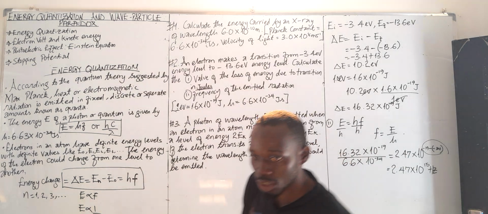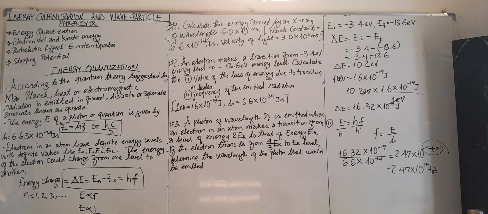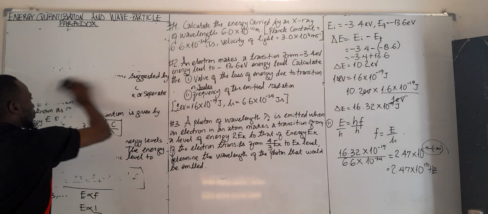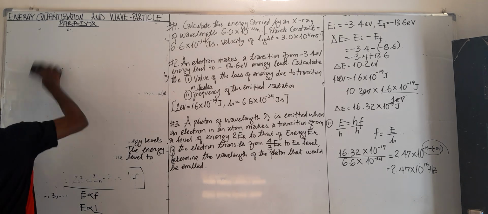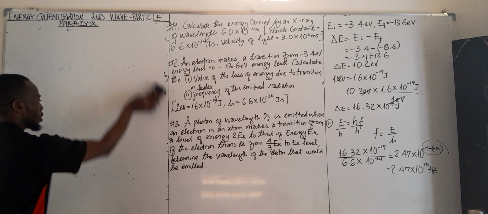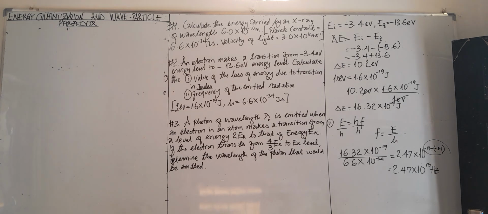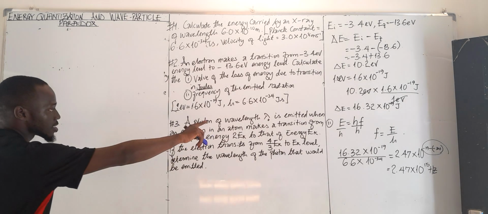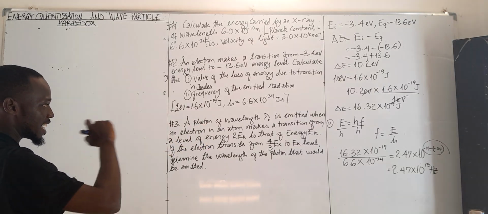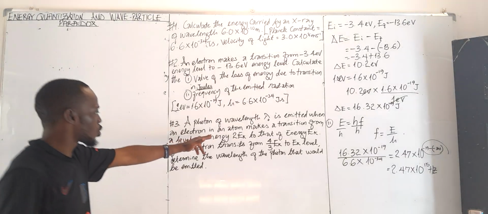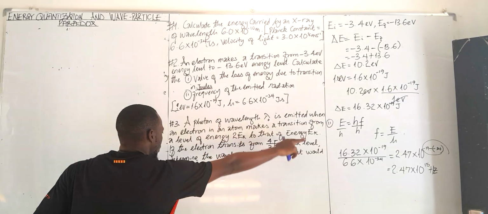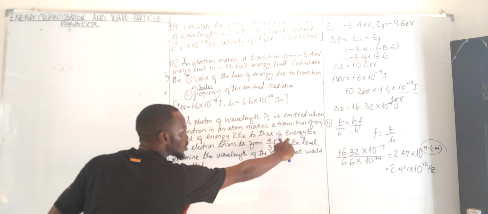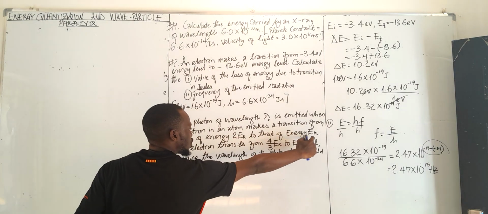Now to question 3. Okay, let's solve question 3. A photon of wavelength lambda naught is emitted from an electron in an atom that makes a transition from a level of energy 2EK to that of energy EK.